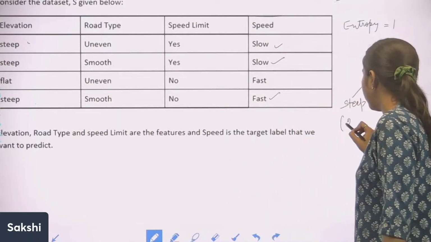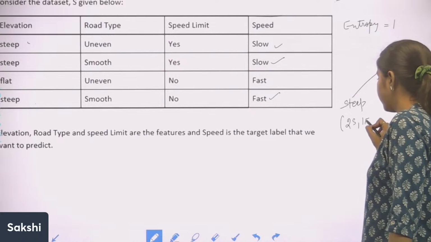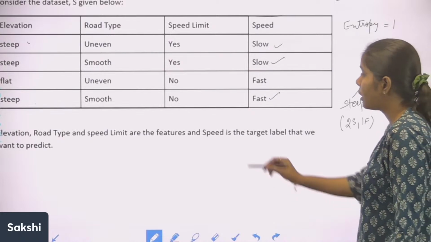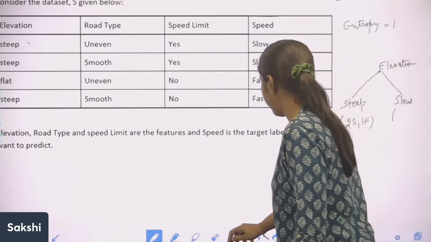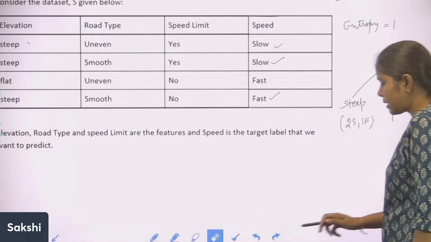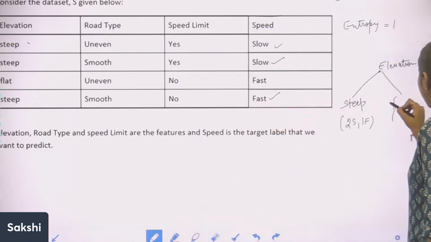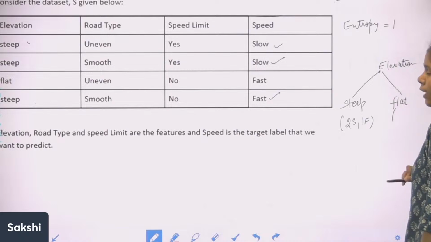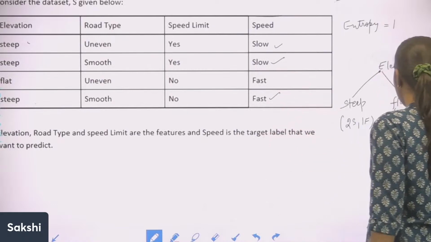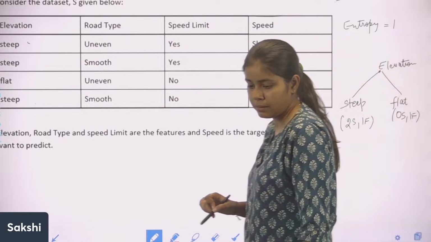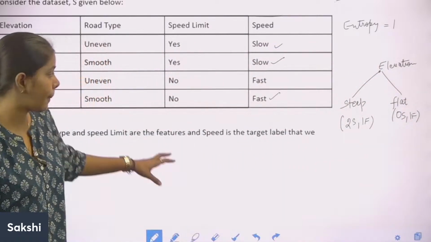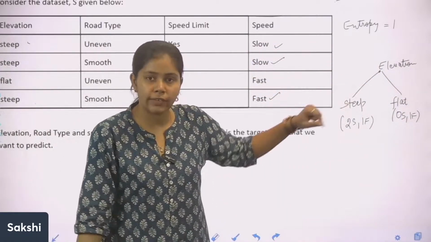So you can write down here 2 slow, 1 fast. Sorry guys, this is steep and flat. Now in this flat value of elevation, I have only 1 fast, so 0 slow, 1 fast. That's how we divide using the elevation feature.